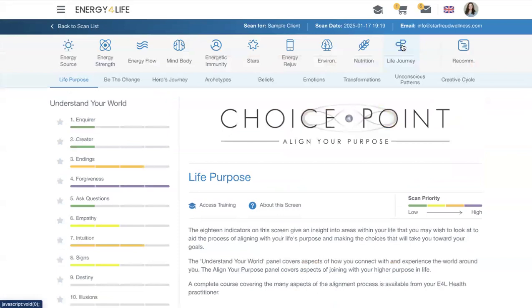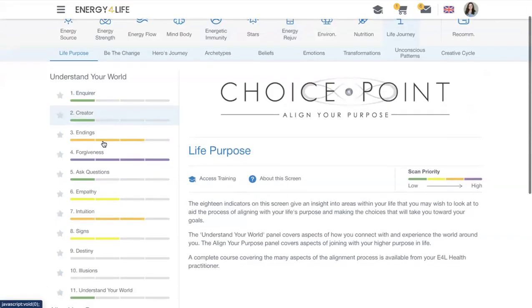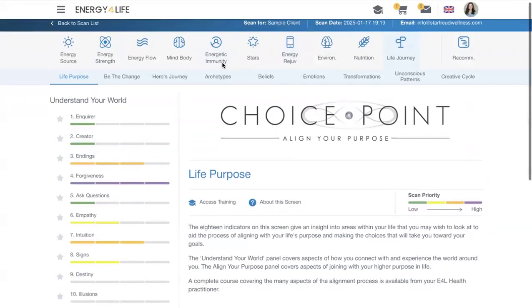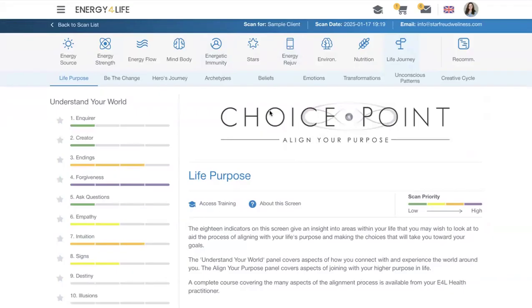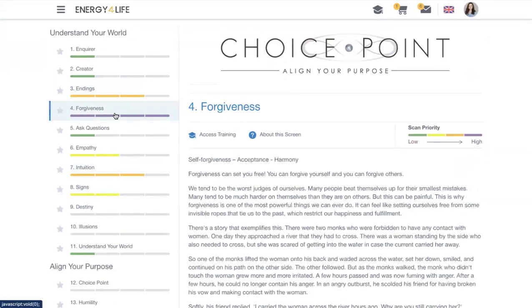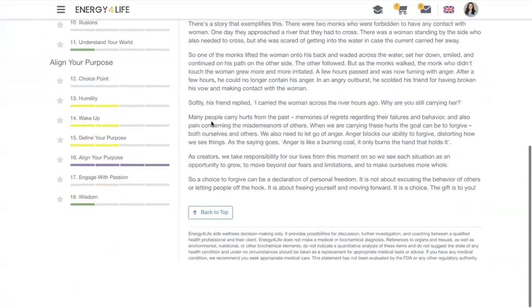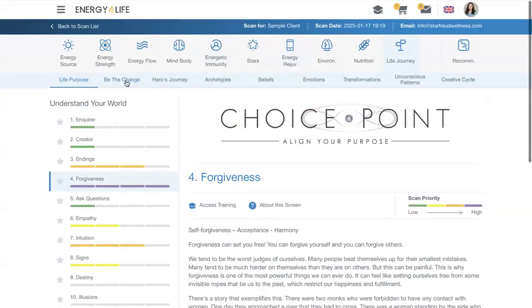And then we're looking at what I call the psychology tab. So we look at what's going on with the purpose of your life. On the platform, you can go online and get free access to a course called Choice Point to help explain what's going on. Forgiveness, a huge help file, is available.